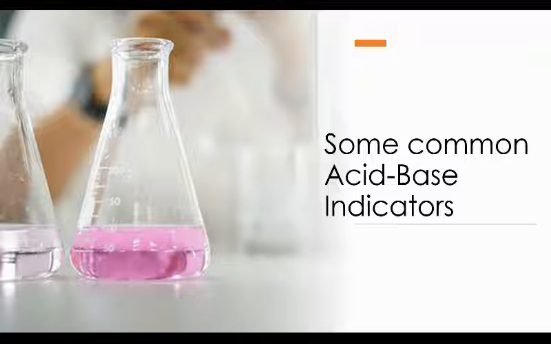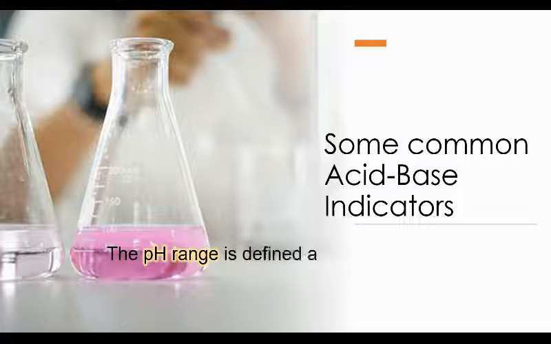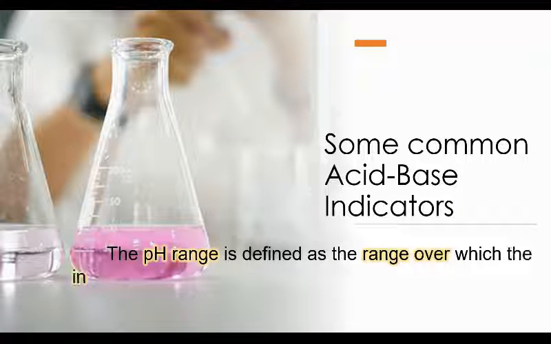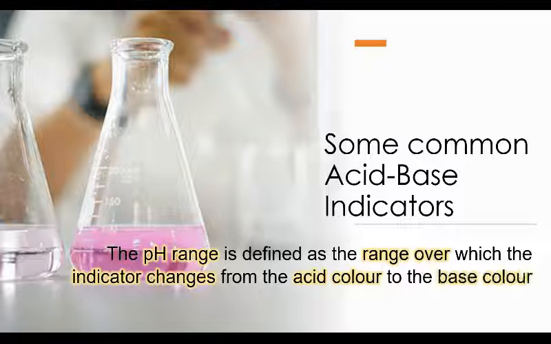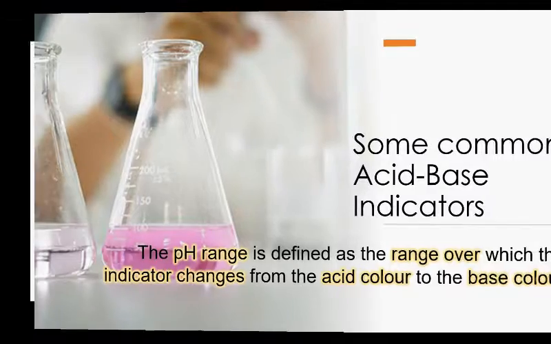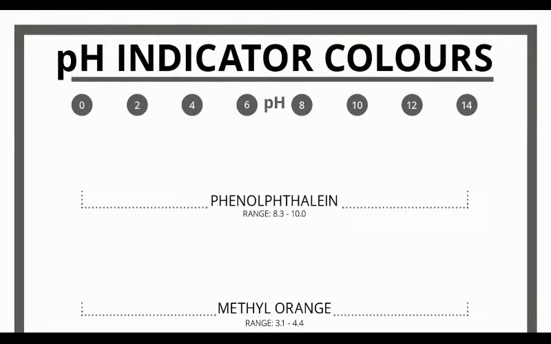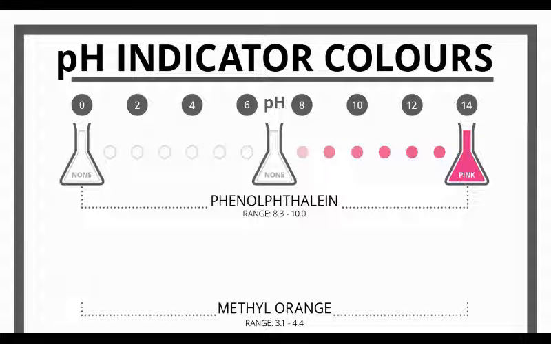Let's look at some common acid-base indicators. The first one is the phenolphthalein. The pH range is from 8.3 to 10, in which the color change is from colorless to pink.